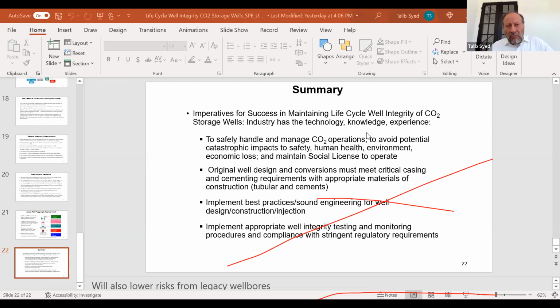So when we recovered some cores from some of the wells that were exposed to CO2 over a 50-year period, we found that some of the cores were still intact, even though those wells were completed with Class G cement.